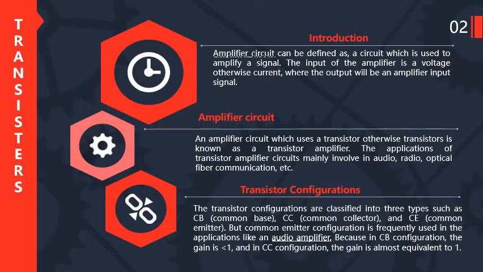But the common emitter configuration is frequently used in applications like an audio amplifier, because in common base configuration the gain is less than 1, or less than unity, and in common collector configuration the gain is almost equal to 1.